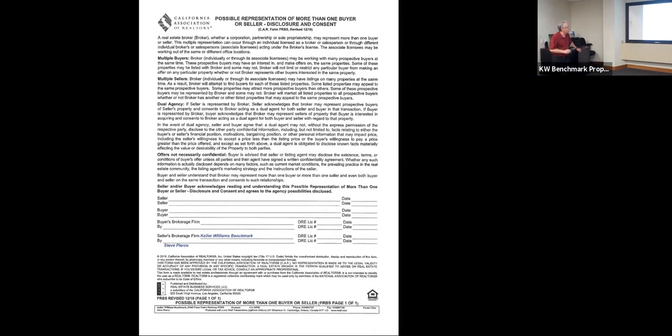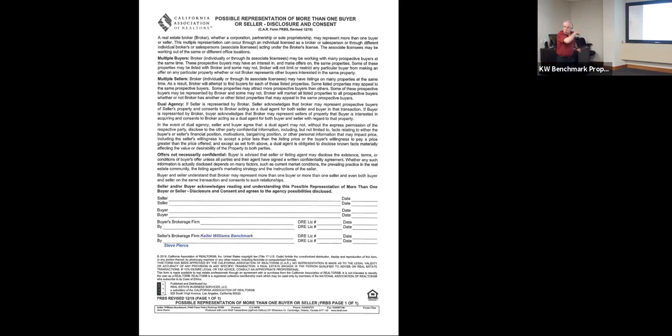Okay, the next document is the possible representation of more than one buyer or seller. Again, this automatically prints out when you do a listing agreement. It also automatically prints out when you print out a purchase agreement. Got a question: listing agreement can be used only for single-family, condo and townhouse?